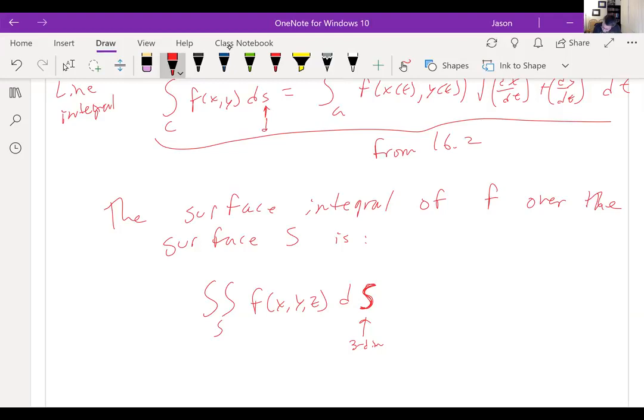It's the only way we can keep track of whether it's a 2-dimensional thing or a 3-dimensional thing: whether it's lowercase s or uppercase S. Because you could have x squared plus y squared equal to 3, and you'd wonder whether that is 2-dimensional or 3-dimensional.